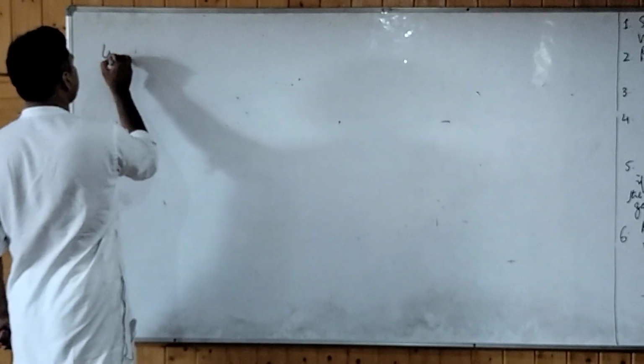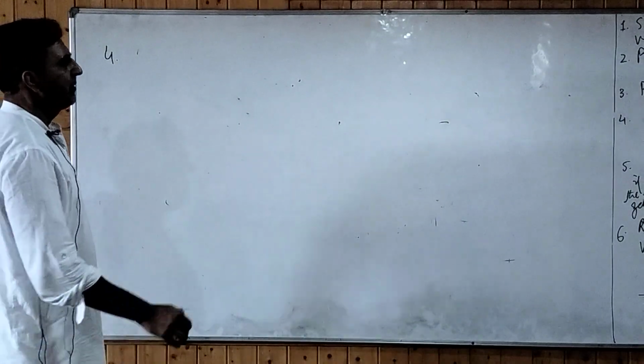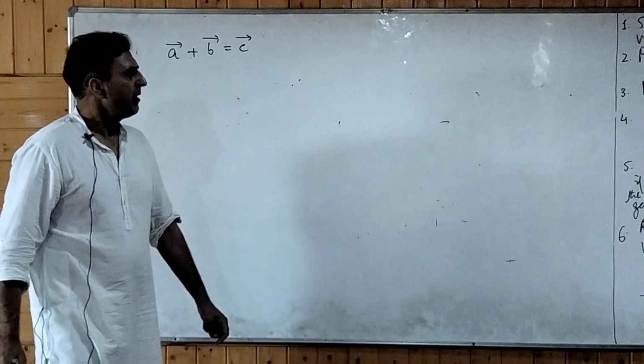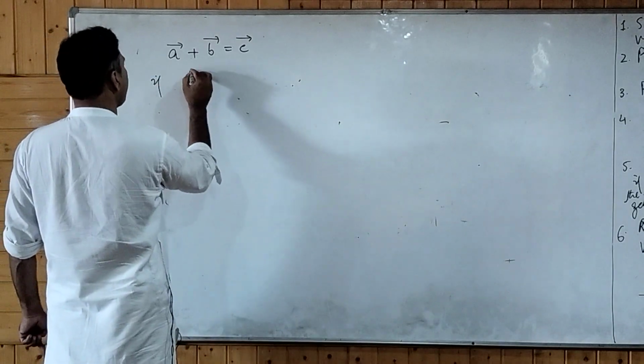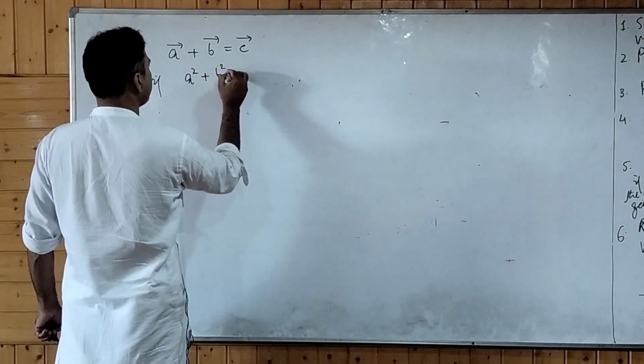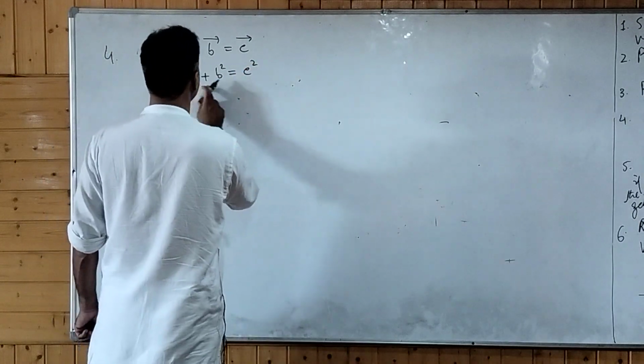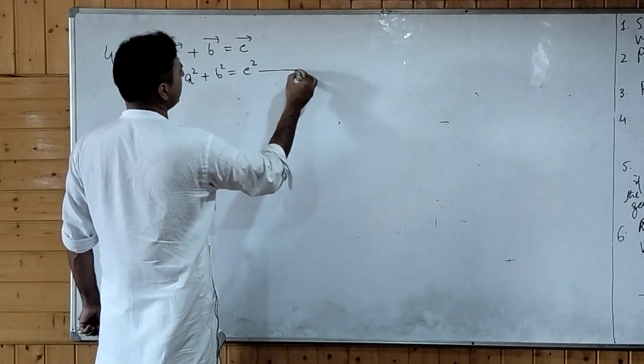Point number 4, an example. If I have two vectors A and B and their resultant is C, this is condition number 1. I am summing the two vectors and their resultant is C. And given condition: A square plus B square is equal to C square. This is one more given condition.